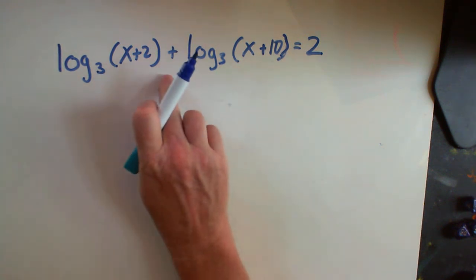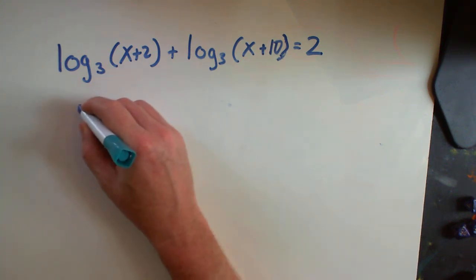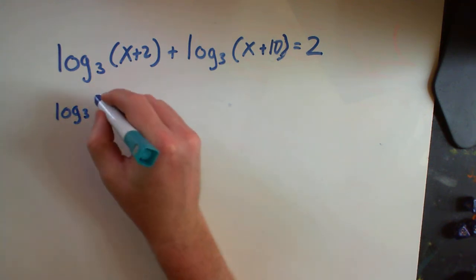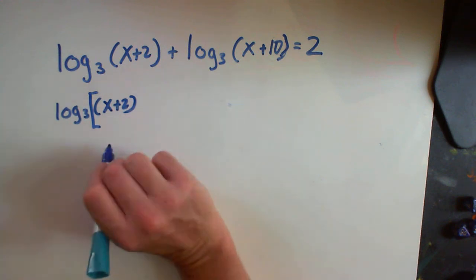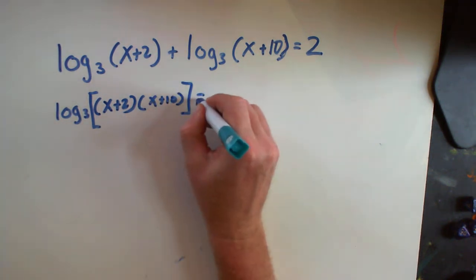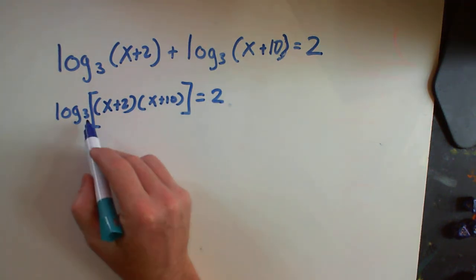So in this case, since we have the sum of two logarithms, that is the product inside the single logarithm. So we can turn this into log base 3 of x plus 2 times x plus 10 equals 2. Now we have a single logarithm.